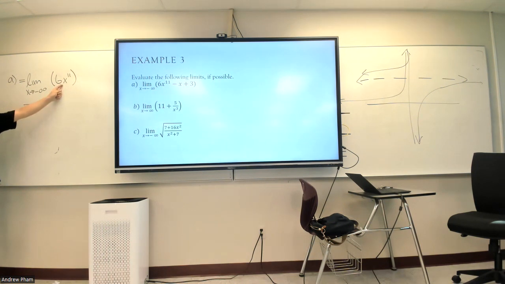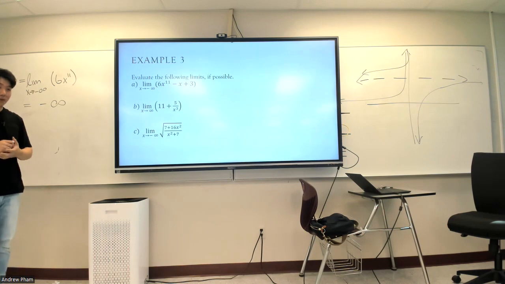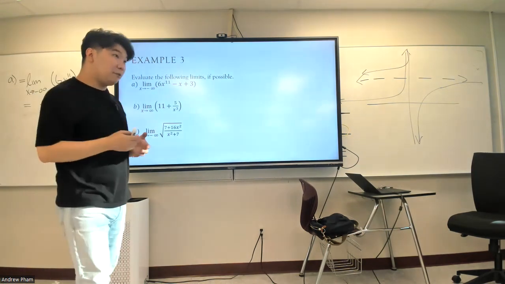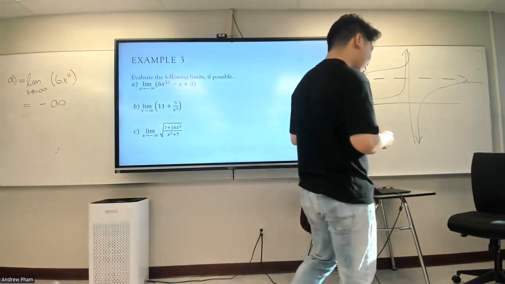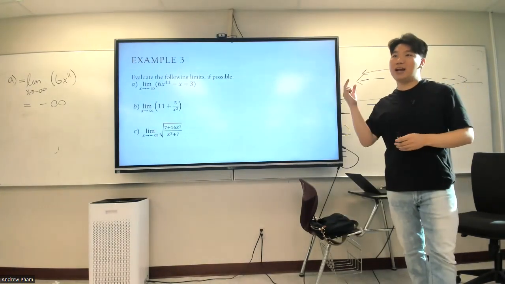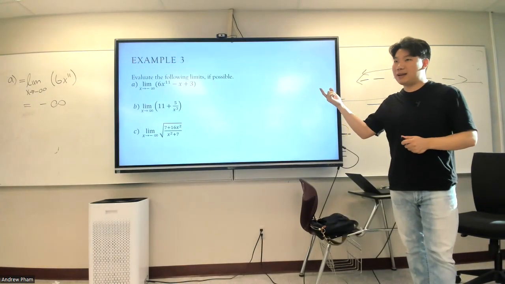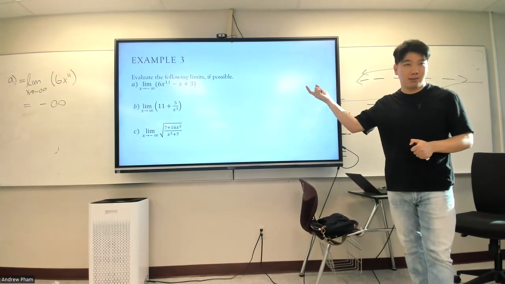Negative times a positive 6, negative. We could have also said, based off that theorem we had earlier, x being to an odd power, we know that this is going to be negative infinity times a positive 6, still negative. So we're done with that one. So again, notice that I did very little calculation. The most I did was figure out what a negative to the 11th power times a positive is.